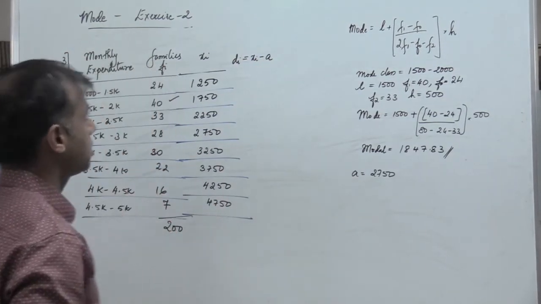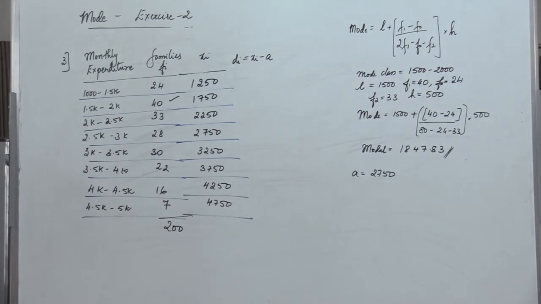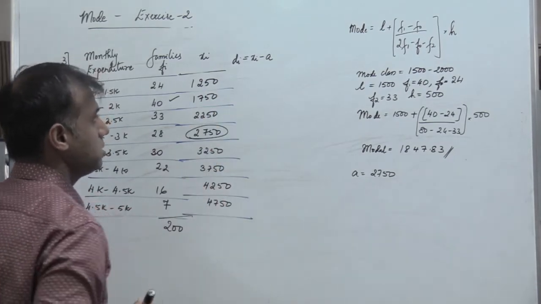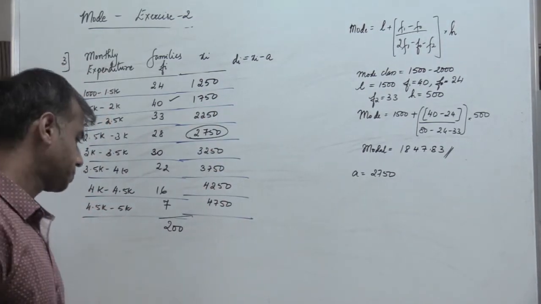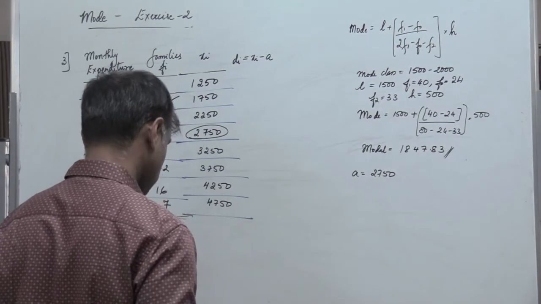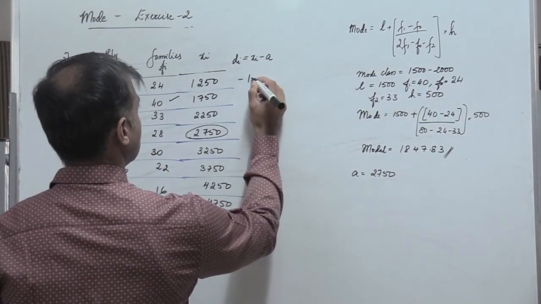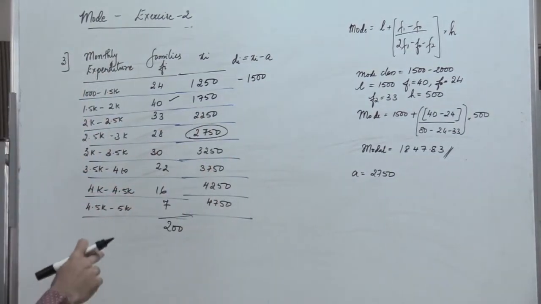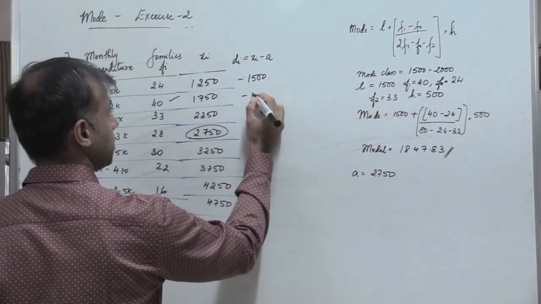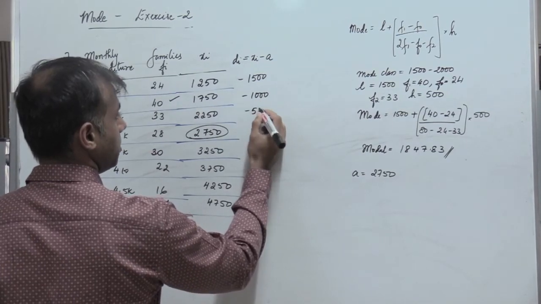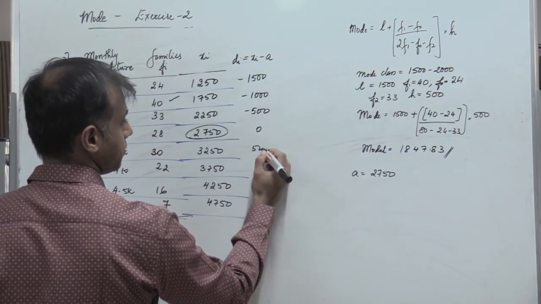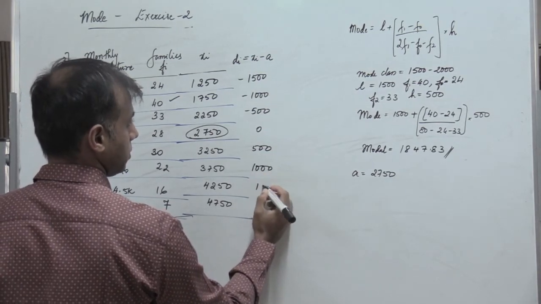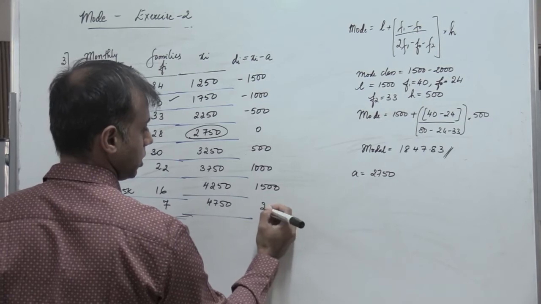Next, di equals xi minus A. So we subtract A from the mid values. We have 1250 minus 2750, which gives minus 1500. Next, 1750 minus 2750 is minus 1000. Then minus 500, 0, 500, 1000, 1500 and 2000.